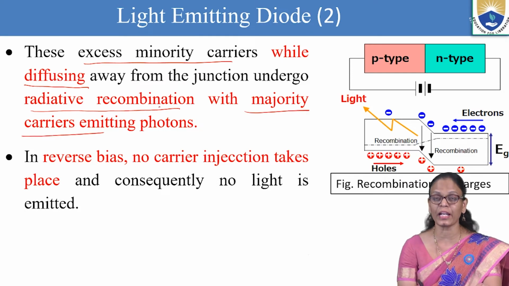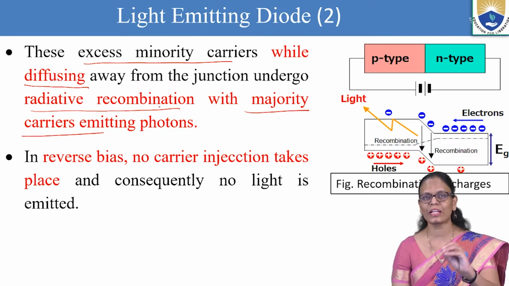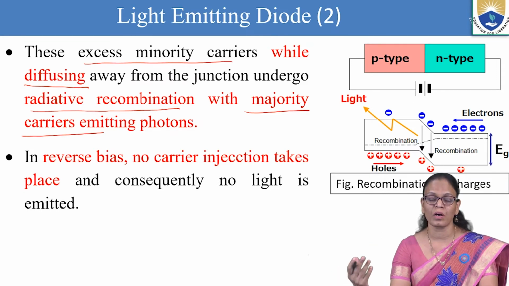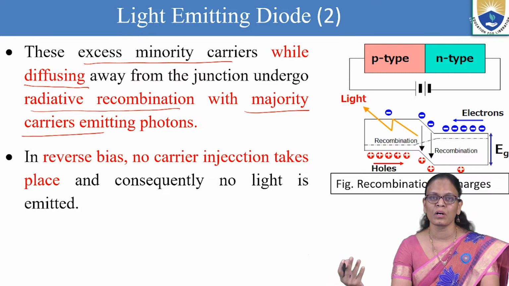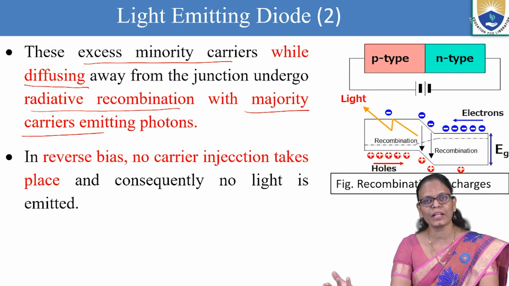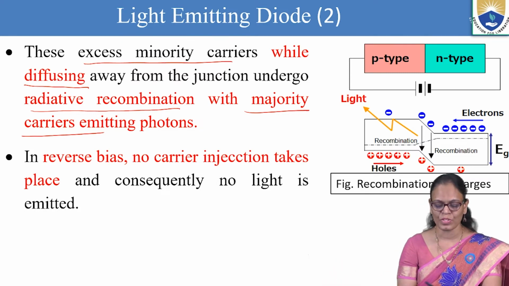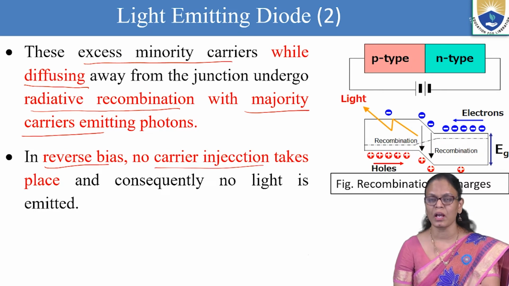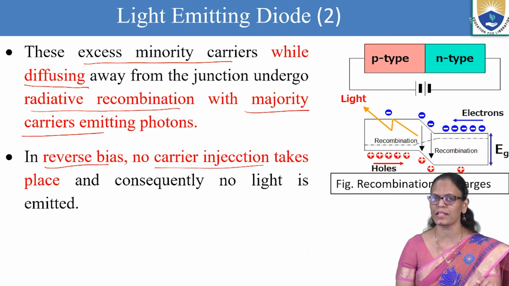The minority holes will recombine with the electrons, and the minority electrons on the P side also will recombine with the holes. So in forward bias, there is radiative recombination. But when it is connected in reverse bias, there is no carrier injection, and so no light is emitted.